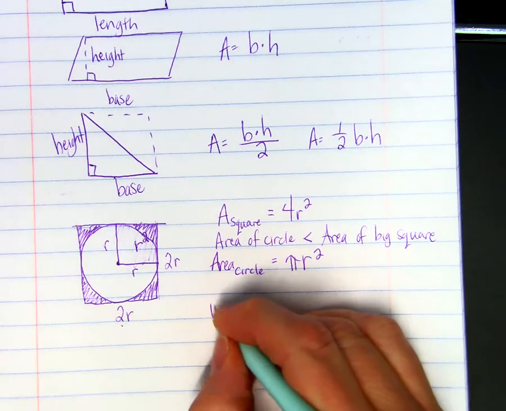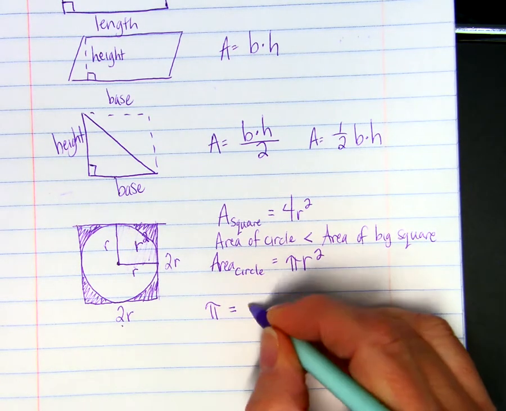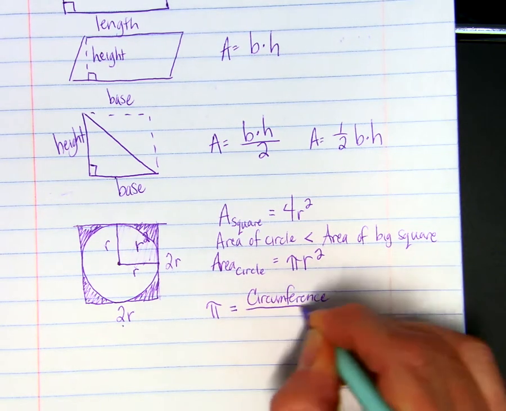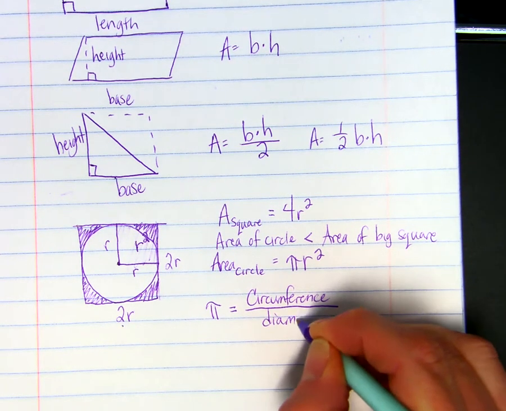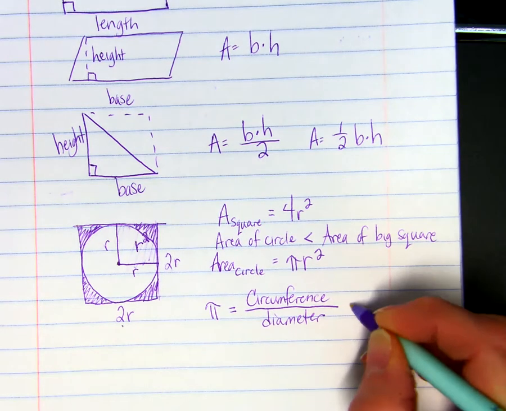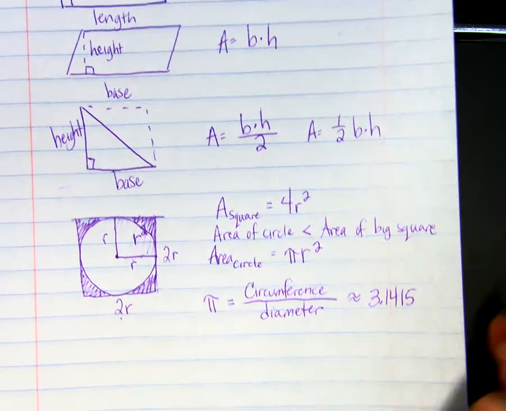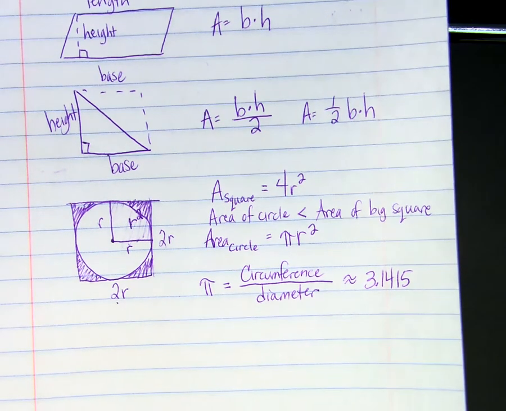And if you remember what we talked about before, pi is circumference divided by the diameter, and it is approximately 3.141592, and it keeps going on. At least I think 92 is next.